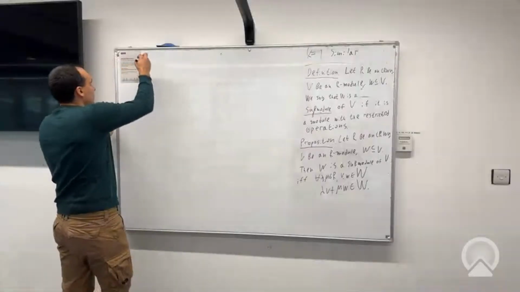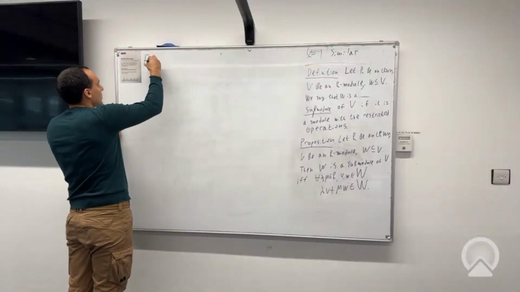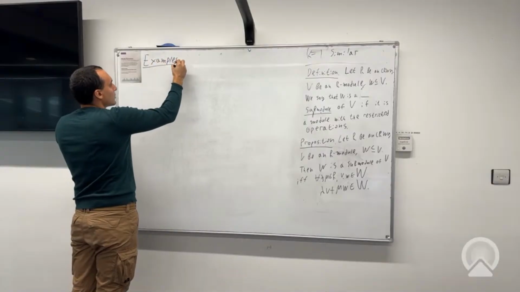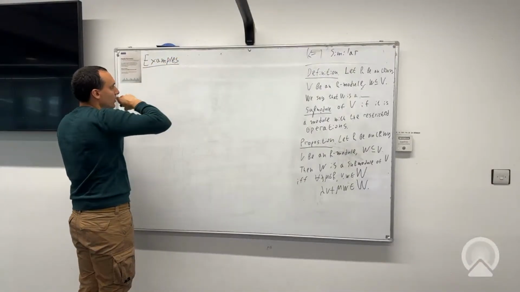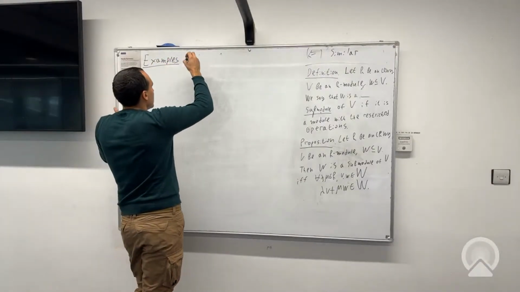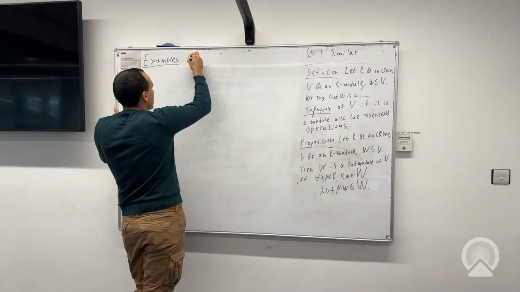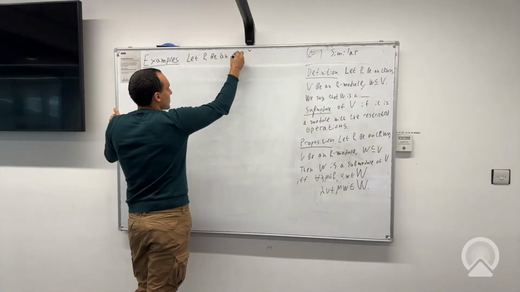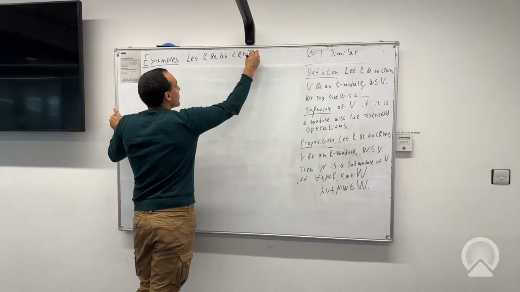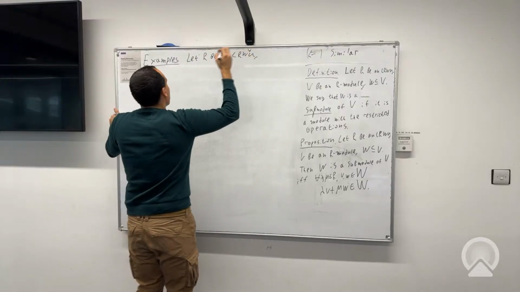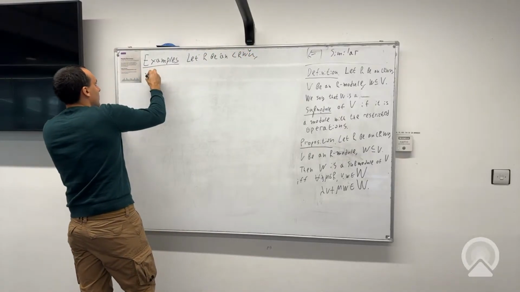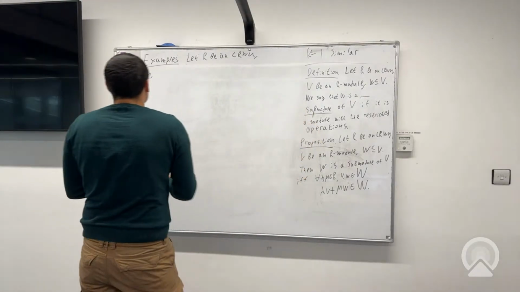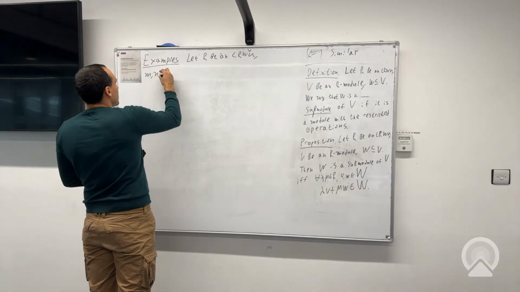So examples. Consider R a commutative ring with unity, and m and n integers.